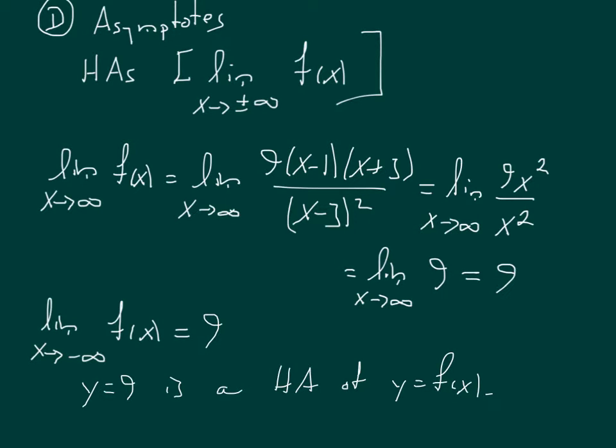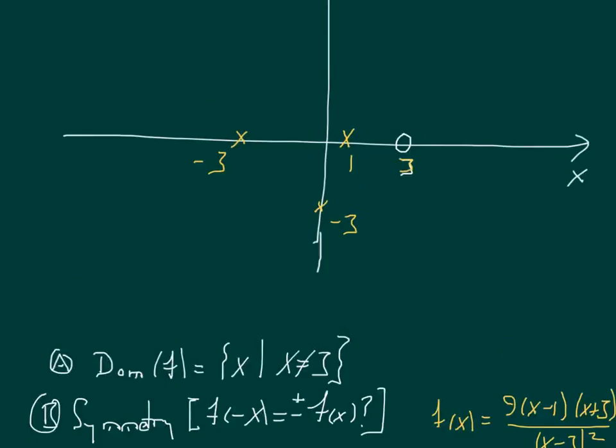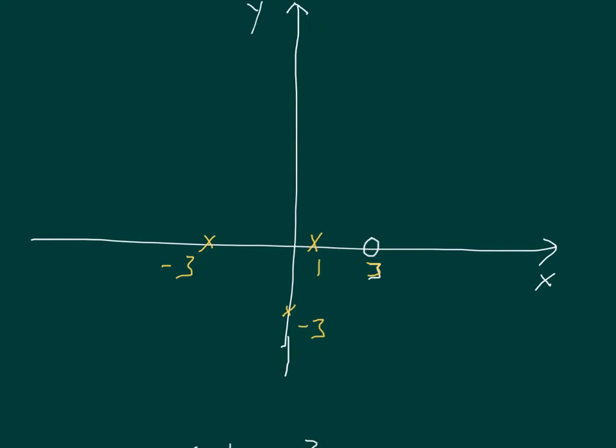All right, so let's put that on our graph right now. Okay, so we have that y equal to 9 is a horizontal asymptote. I don't have to do things completely to scale. If I were to do it to scale, there's 3, 6, 9. Oh, maybe I can get away with that. All right. So here's our y equal to 9.